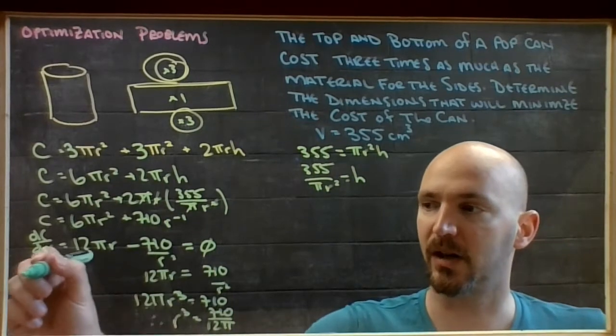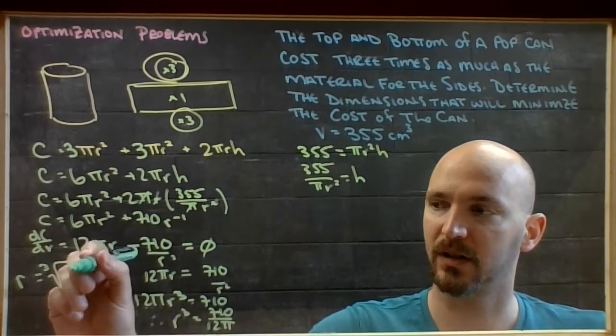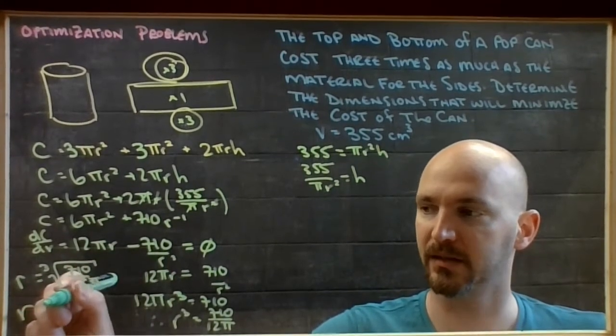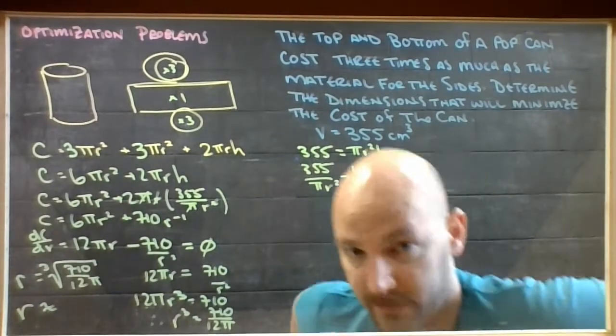All right, so r will be the cube root of 710 divided by 12 pi, which is approximately something I can't do with a calculator.